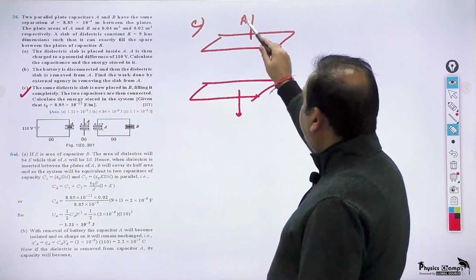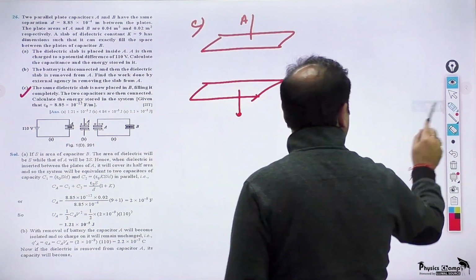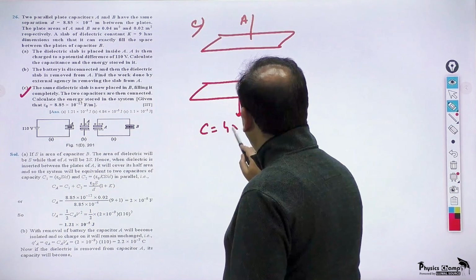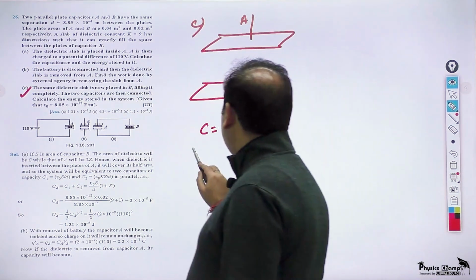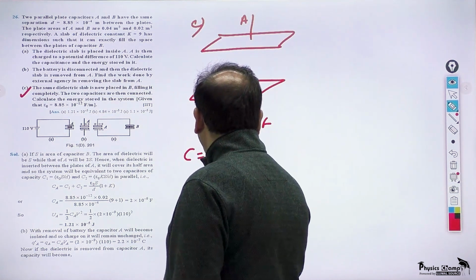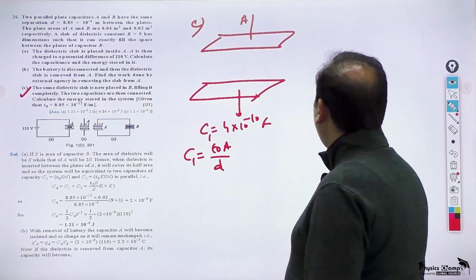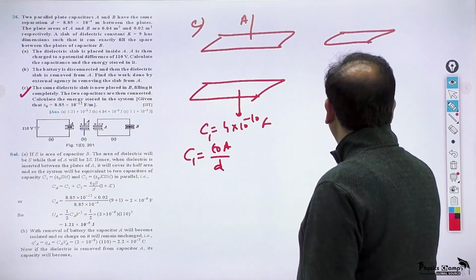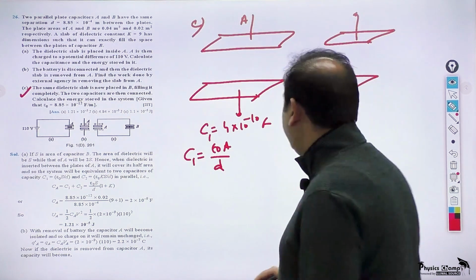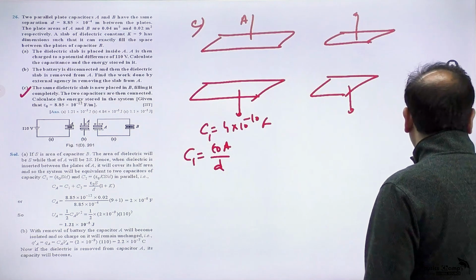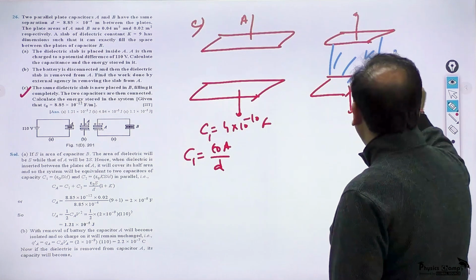It means if we were having capacitor A and its capacity that we calculated was 4 into 10 to the power minus 10 farad, epsilon naught A by D, C1, and you have capacitor B whose plates' area is just half of it, and the space between them is filled with this dielectric of constant 9.